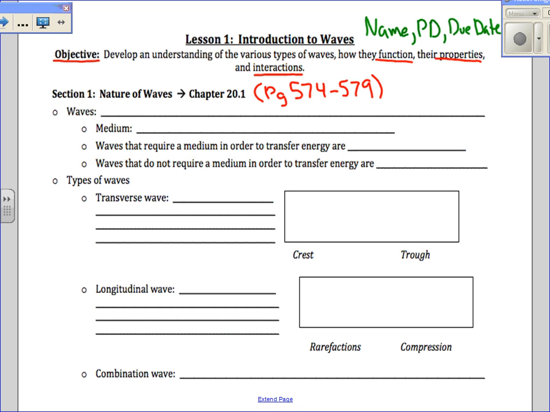Okay, now waves, if we want to give a definition, these are any disturbance that transmits energy through matter or empty space.